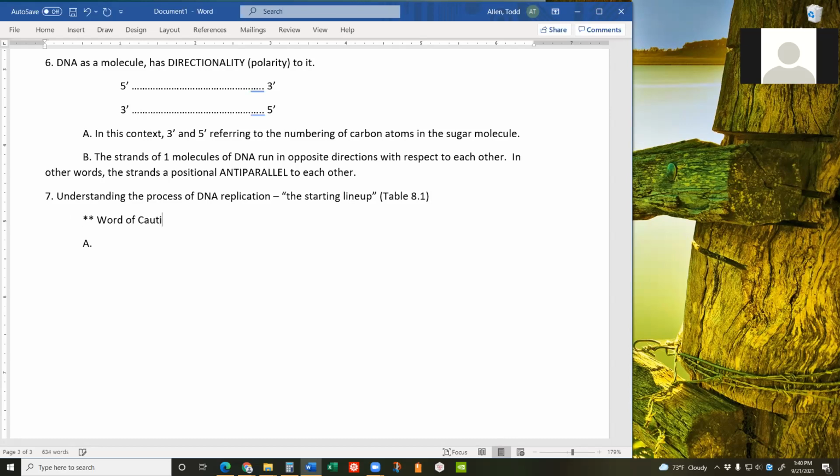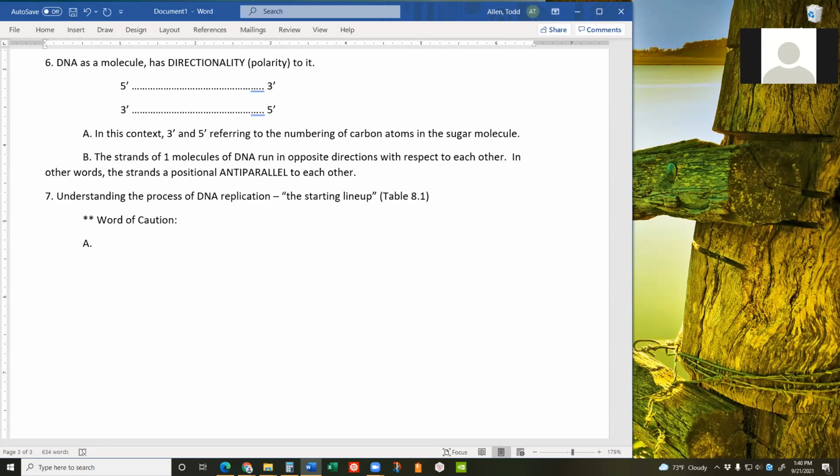In an effort to conserve space in your textbook, the authors have taken important enzymes that are involved in different processes, right? Take a look at the table heading for table 8.1: Important enzymes in DNA replication, expression, and repair.